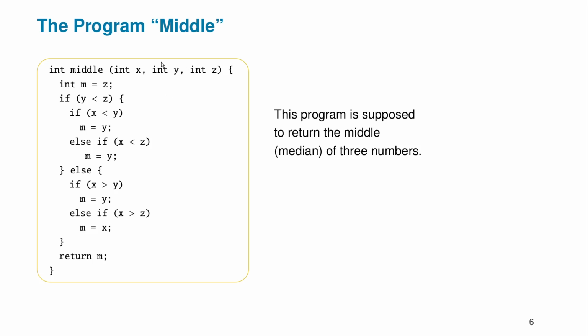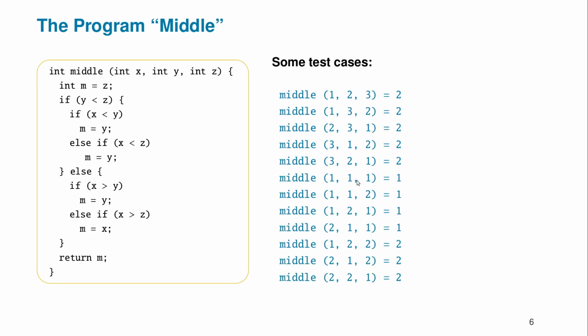And the task is to find out if this program is always correct. We could find this out by testing. So here I have a couple of test cases. For example, if we give the arguments 1, 2, 3, then it returns 2. When we give 2, 3, 1, it returns 2. If we give 1, 2, 1, it returns 1, and so on. So it looks rather good.